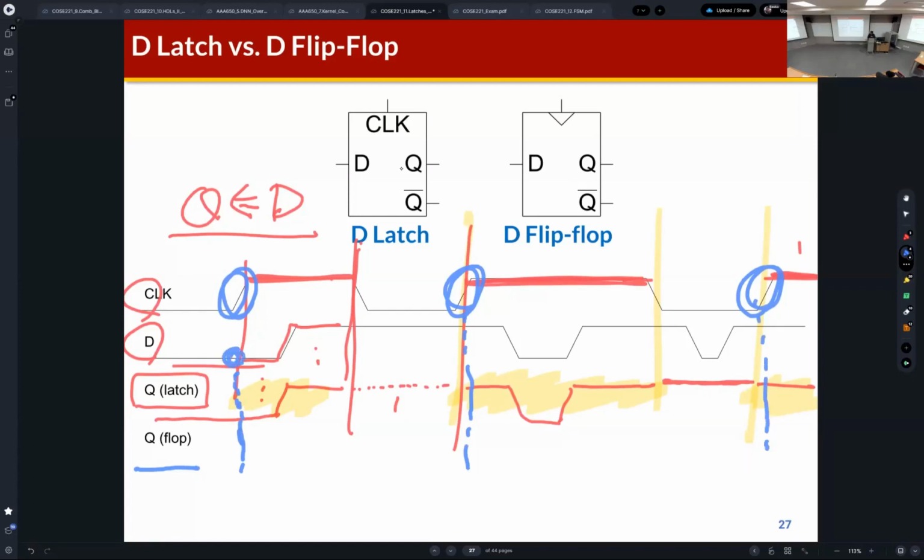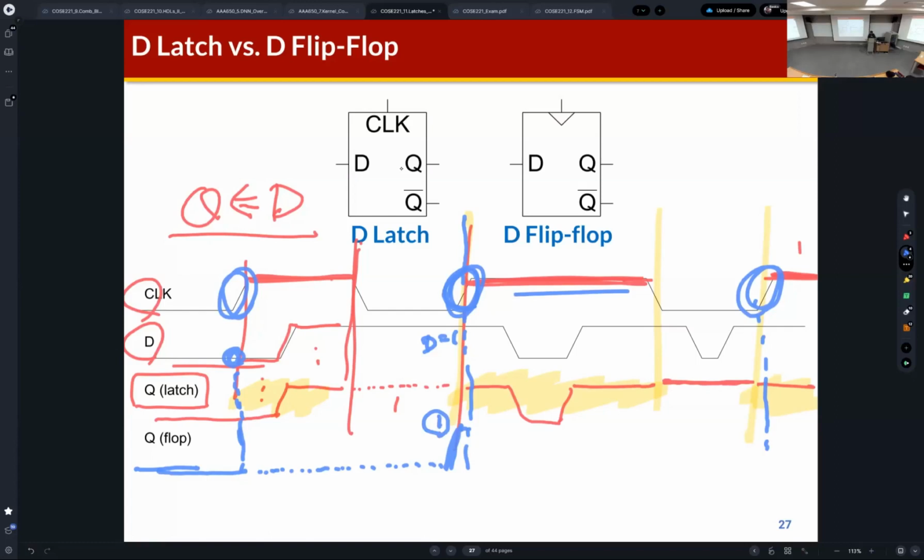At this point, D is 0. So Q is 0, and otherwise, in the other periods, it's just maintained. And then at this point, it's also a rising edge of the clock. D is 1, which means it's sampled and Q becomes 1.